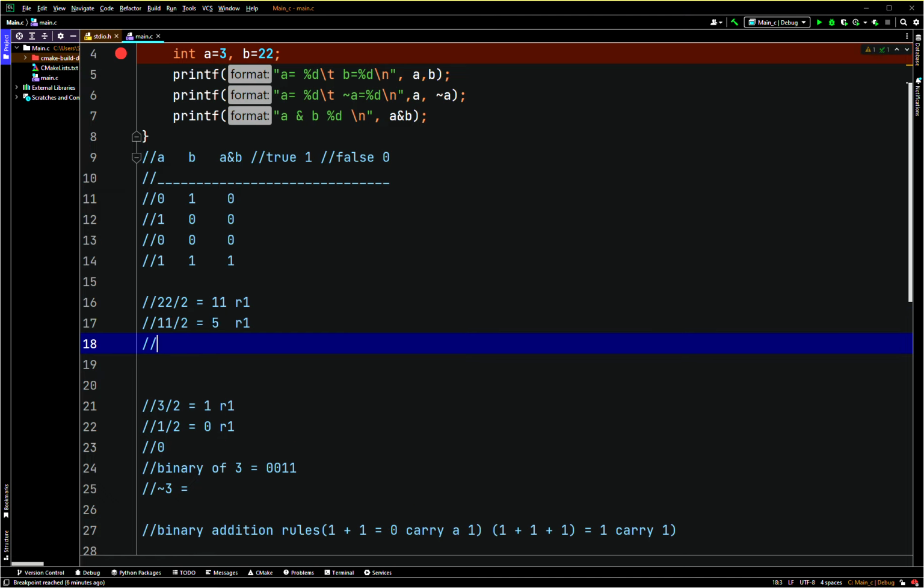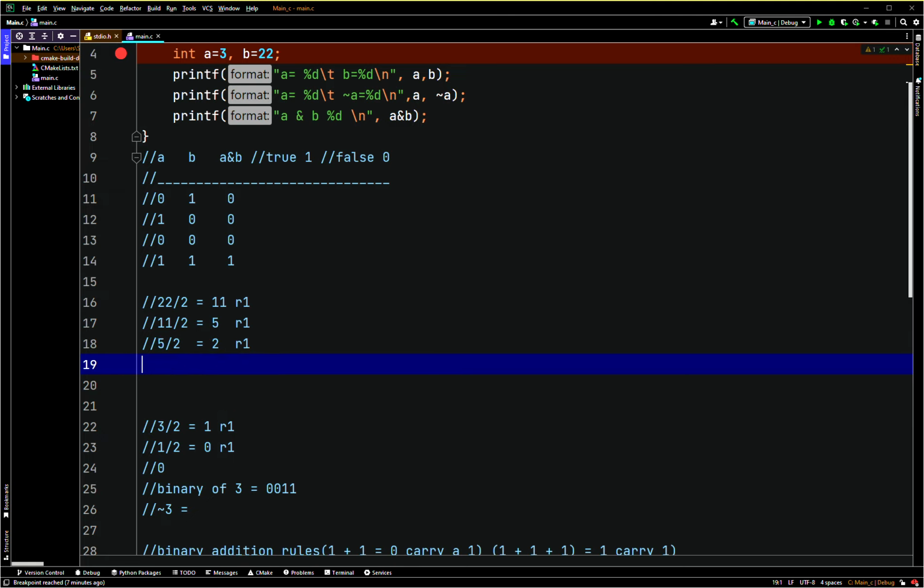And this is computer division, so there's going to be no decimal for an integer. If you have doubles, it'll convert that to a decimal. So we have 5 divided by 2. That goes in twice, remainder 1.